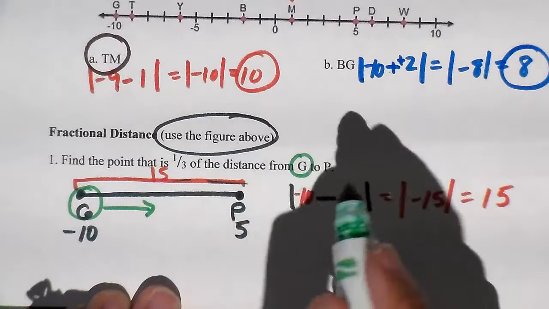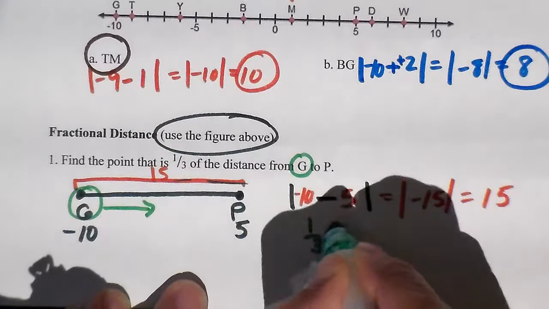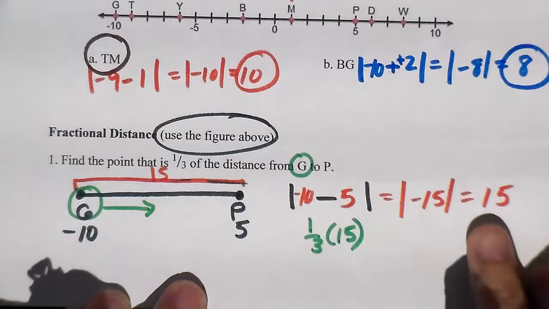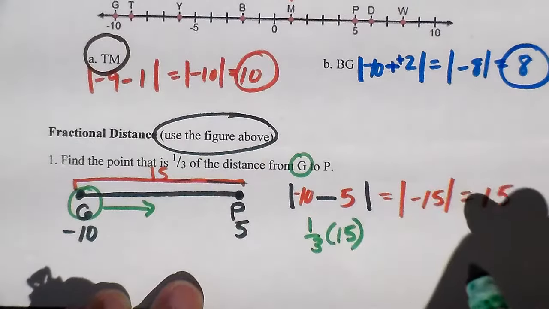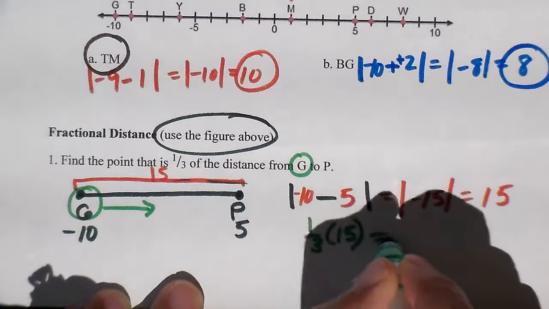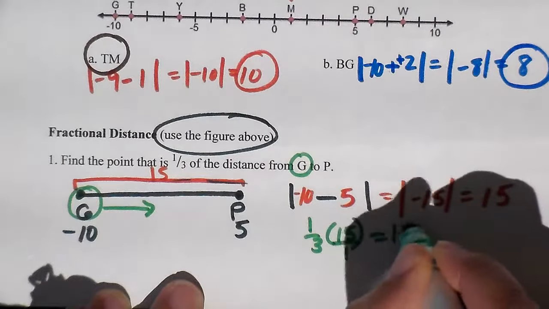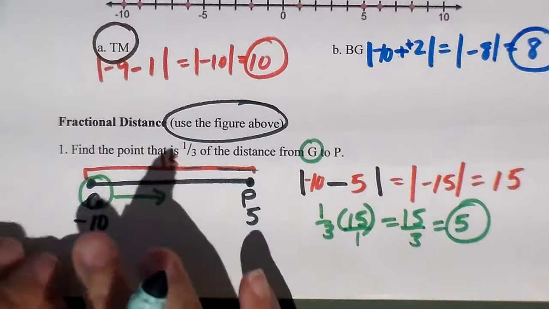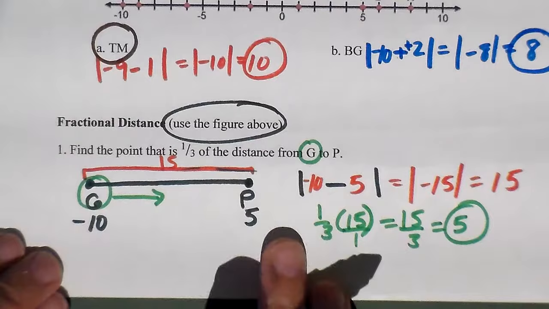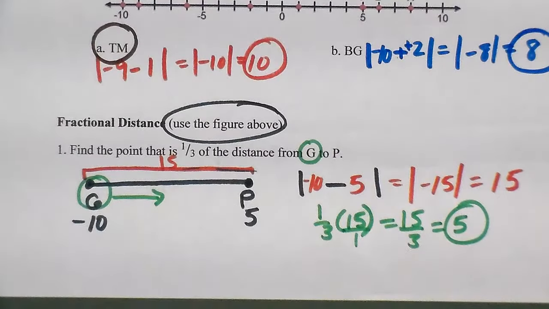I only want to go 1/3 of it. 1/3 of 15 is the same thing as 1/3 times 15. I'm going to make that 15 over 1, so I get 15 over 3, which is 5. So instead of going from -10, 15 units to 5, I only want to go 5 units.